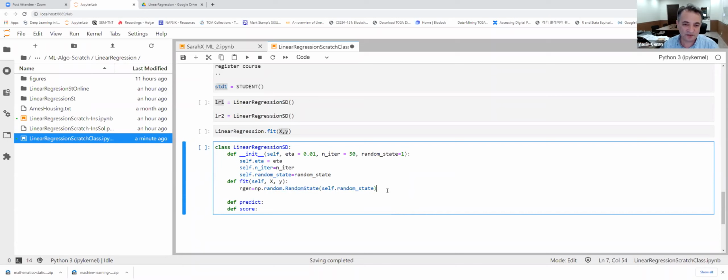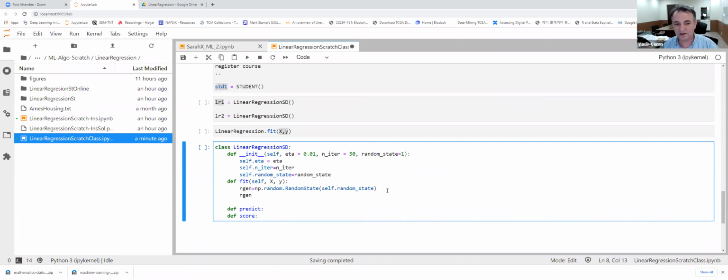Okay, and then this random number generator, I'm going to be using normal distribution with some mean value and standard deviation. All right, so this is mean, this is standard deviation. Again, when you are in an interview, maybe these may not be so important.